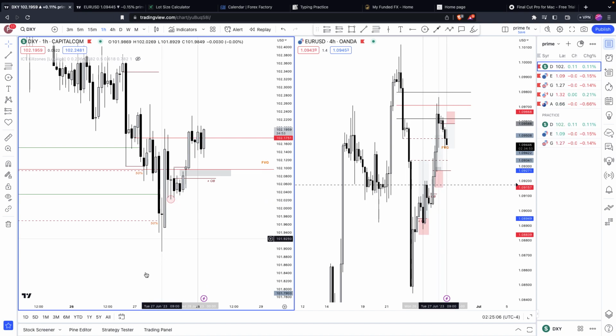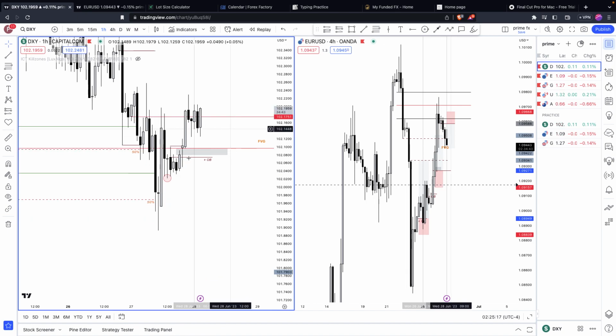We have this clear low and a second low, and price failing to take out this low. So we do have a failure swing and we have a break of market structure. So right now I'm looking at this order block here to be respected, or this volume imbalance.